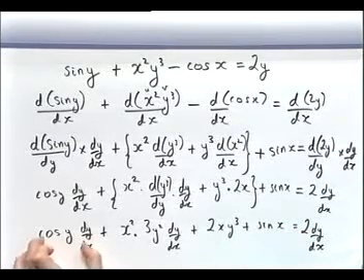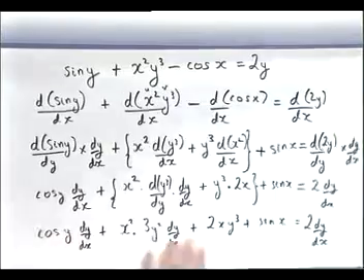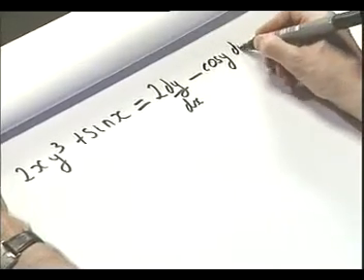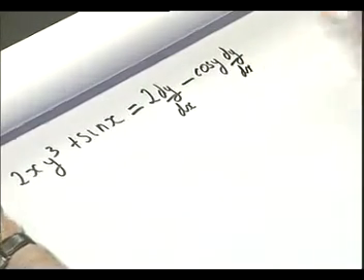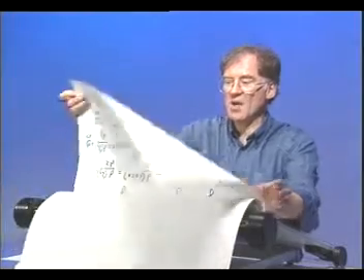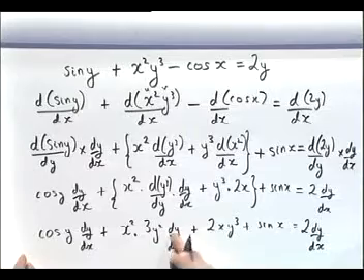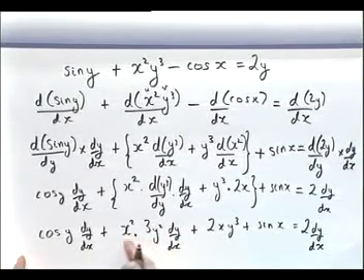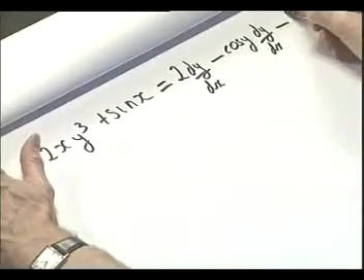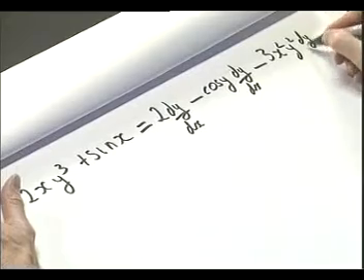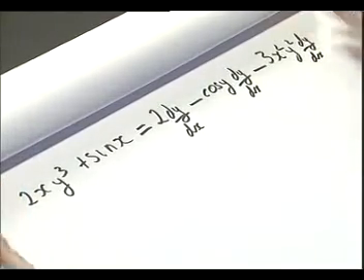So we're going to take away cos y dy by dx from both sides, minus cos y dy by dx. And then we're going to take away the other term. This is the x squared times 3y squared dy by dx. I'm going to write that a little bit differently when I do it. So we have minus 3x squared y squared dy by dx.